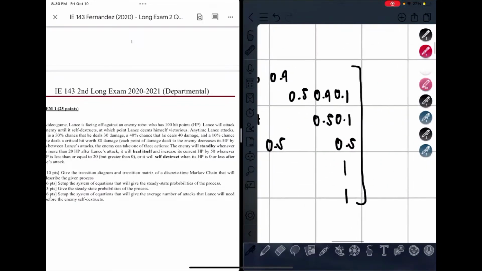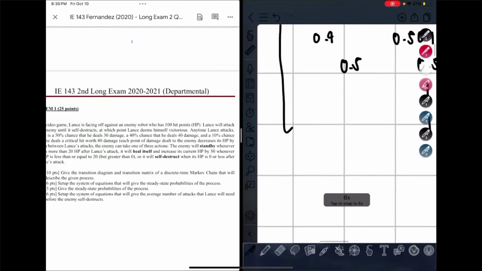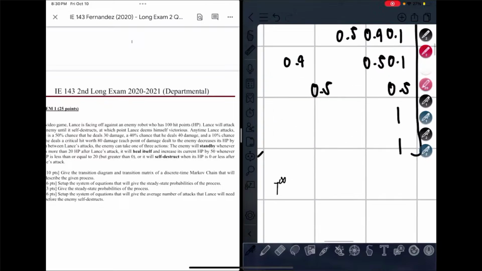Conceptually, steady state probabilities are basically just t raised to infinity. So you're taking the matrix T and multiplying it by itself an infinite number of times. Obviously, we don't do that manually because it's impossible.